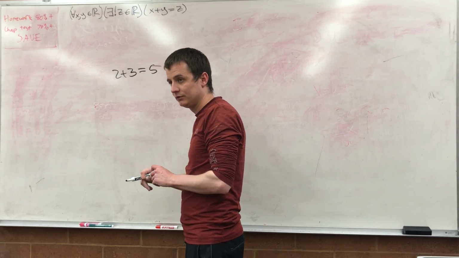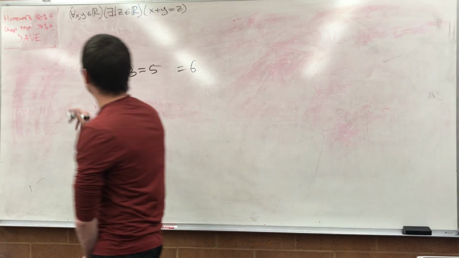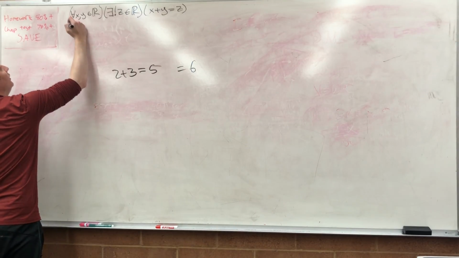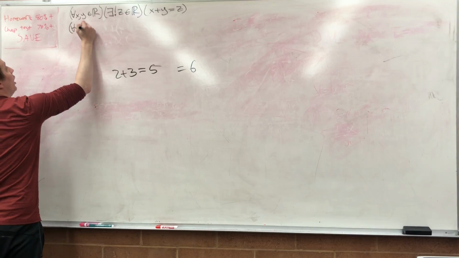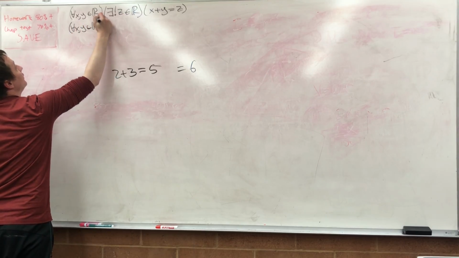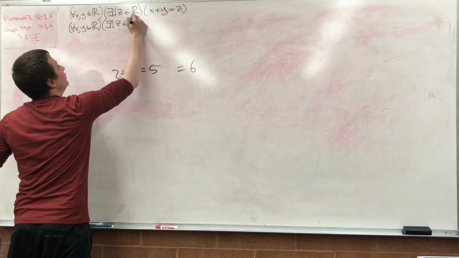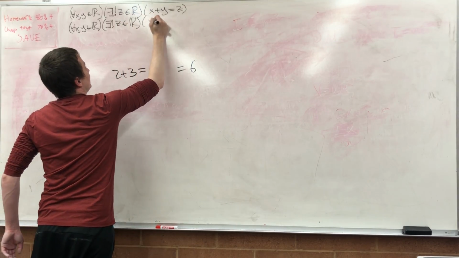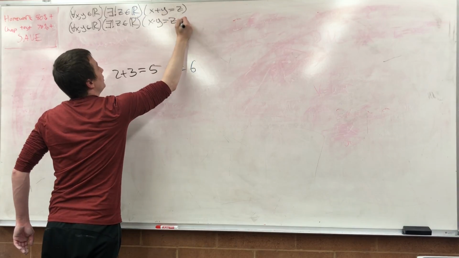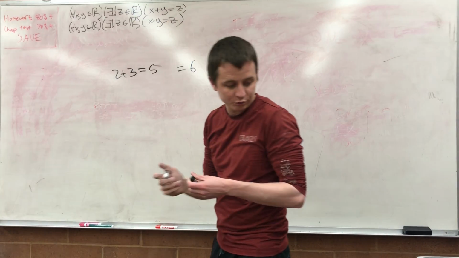Does that make sense? Yes. I know the notation's kind of dense. We also have as an assumption that for all x and y, there exists one and only one other real number, we'll call it z, such that x times y is equal to z, which is saying the same thing, but now with multiplication.